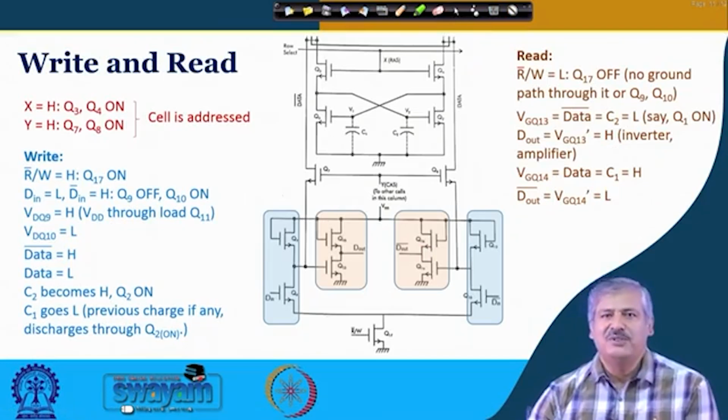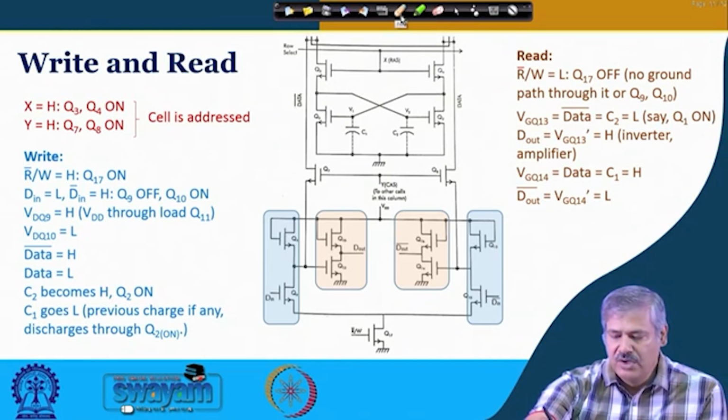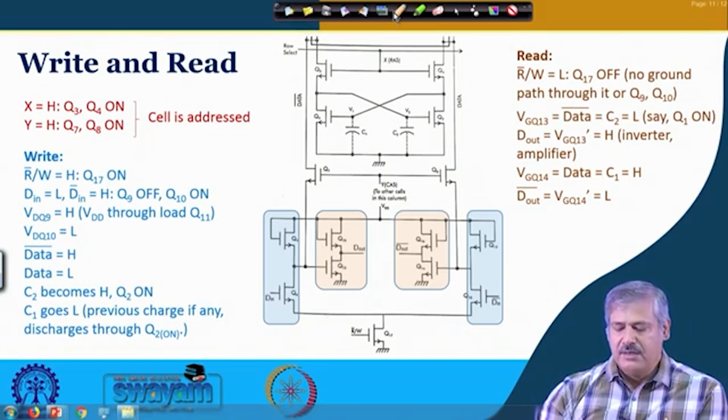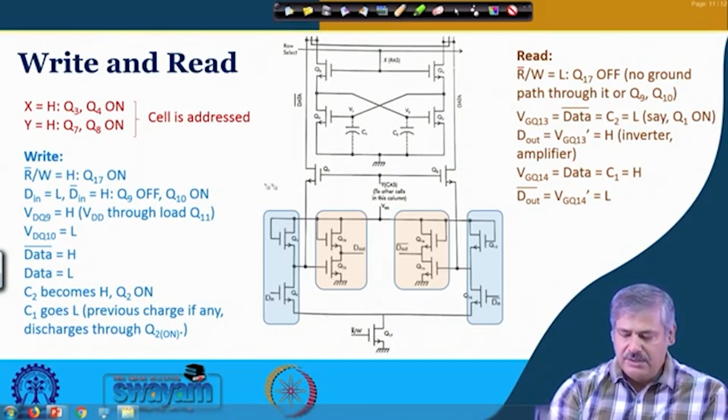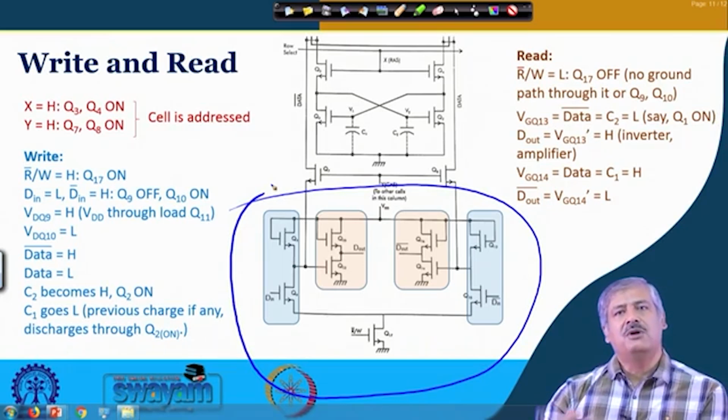Next, let us see how the write and read operation takes place in this particular cell, right. Refresh we have understood. So, what we see, this is the control block. This control block is similar to what is there in the NMOS based SRAM that we discussed in the last class.